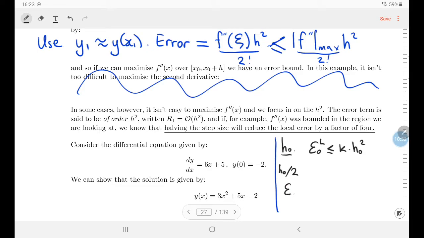The local error now becomes k times h0 over 2 squared. And if you do h0 over 2 squared, you get h0 squared over 4. So you end up with k h0 squared over 4, which is, more or less, not equal to but more or less, the previous local error divided by 4. So half the step size will reduce the local error by a factor of 4.